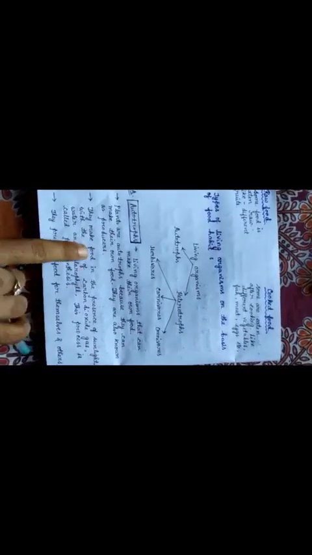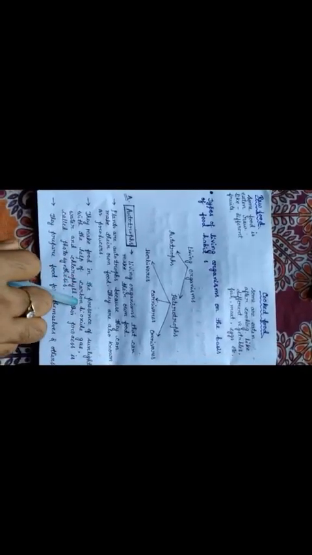Actually, plants are autotrophs because they can make their own food, and for this reason they are also known as producers. The process in which they prepare their own food is called photosynthesis, and for this process they require sunlight, carbon dioxide gas from the air, water and chlorophyll. They not only prepare food for themselves, they prepare food for others also.